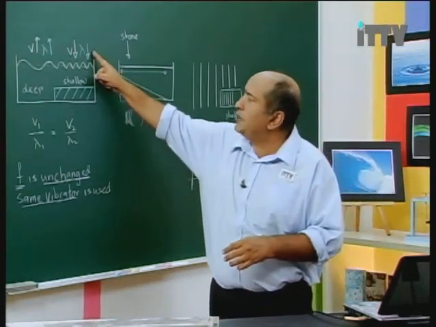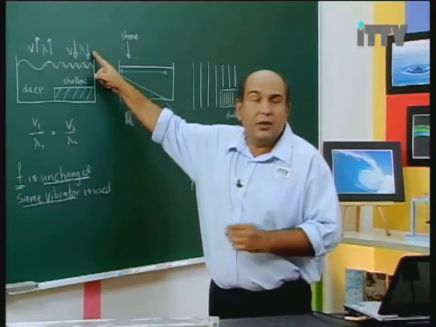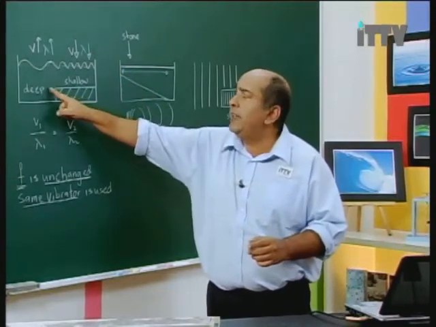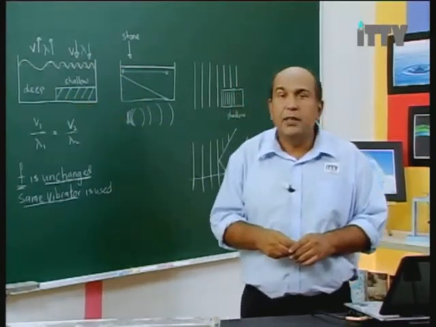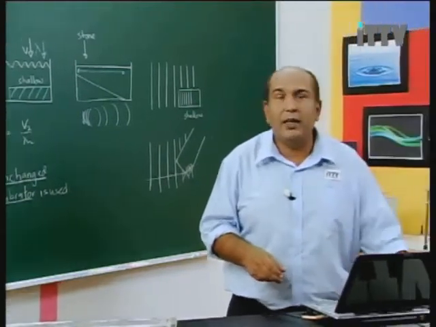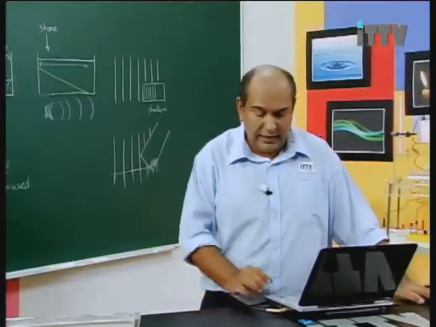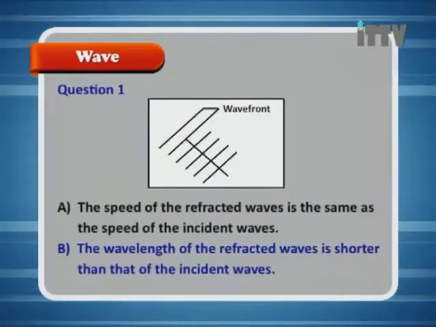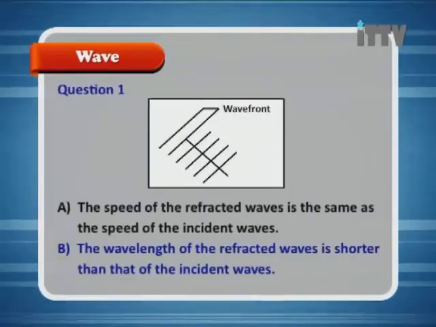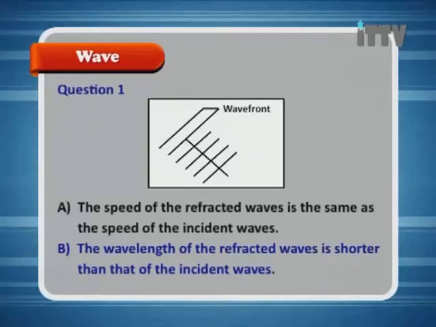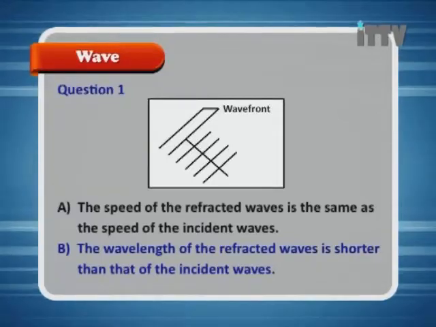Remember, your wavelength in shallow is less or has decreased compared to that in the deep. Now this is pretty much what answer B is saying to us. So the correct answer is B. The wavelength of the refracted waves is shorter than that of the incident waves.